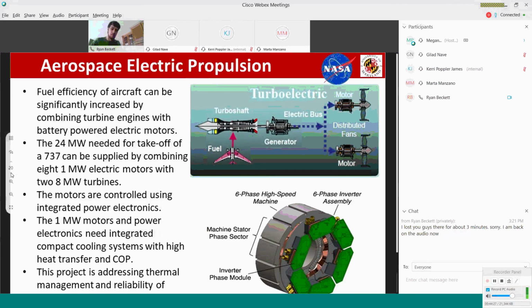It's going to require motors that are megawatt in size in order to do this. And so that means even if the motor is 90% efficient, you've got 100 kilowatts of heat that you have to get rid of. So we're looking at new techniques and new technologies to improve the way in which we remove heat from motors.